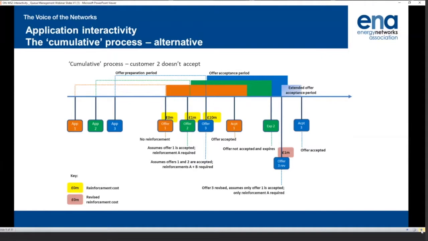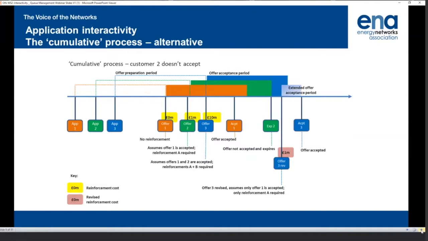We'll take that away and give it a bit of thought, because I think there's pros and cons with applying the A&D fee. Maybe it should be a reduced A&D fee, and so on. But yes, I appreciate it's a good question, and we'll take it away as an issue.